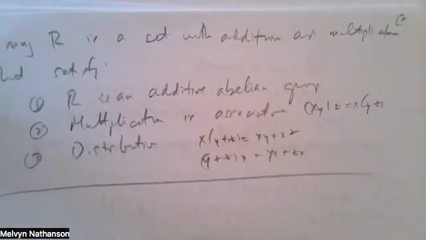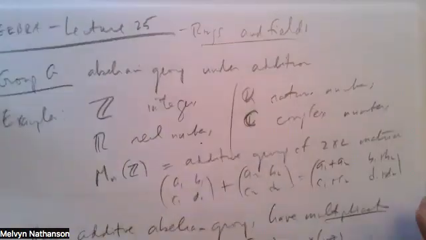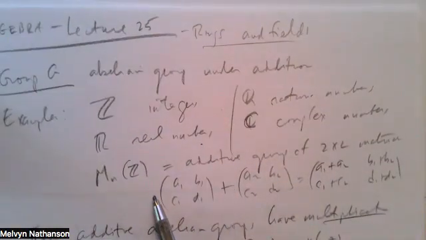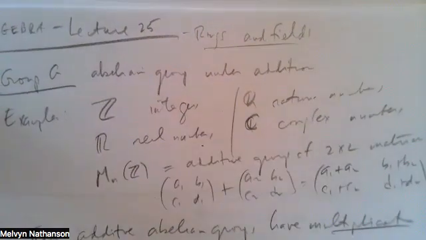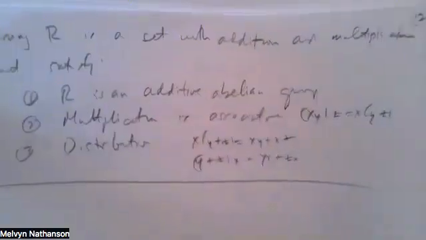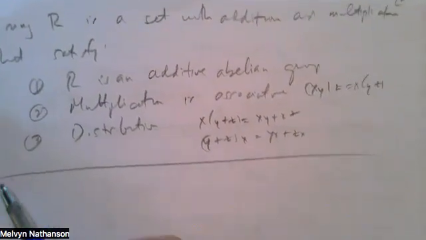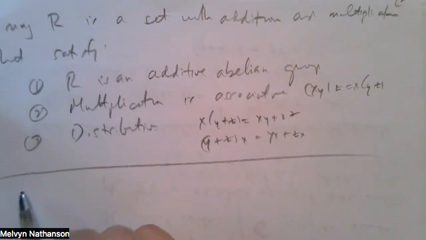So if you have a set where you can both add and multiply, if you have an abelian group under addition, and if the multiplication is associative and distributes over addition, then the set is called a ring. And all of these examples I gave here, the integers, 2 by 2 matrices, rational, real, complex numbers, these are all examples of rings. Another example is polynomial rings.